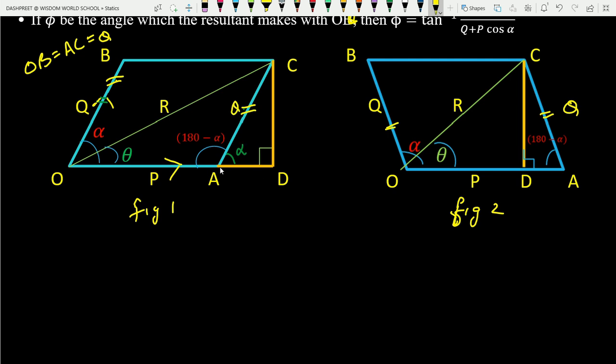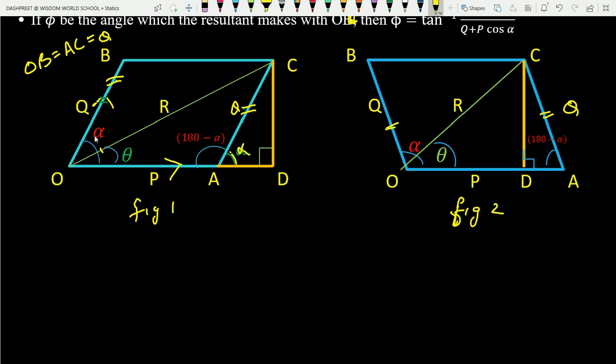Also in the triangle ADC, this angle is alpha and since this is a parallelogram, this angle will also be equal to alpha.